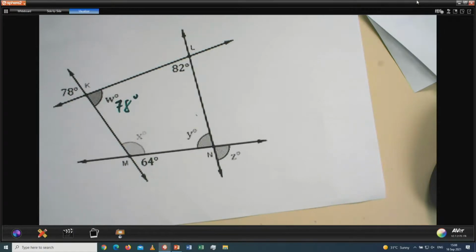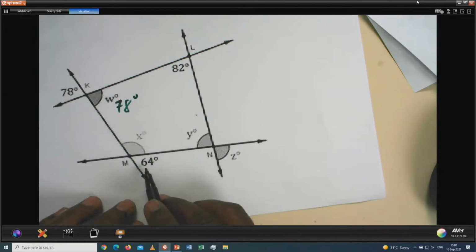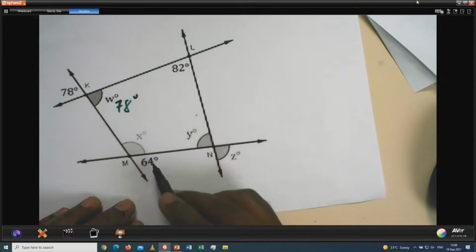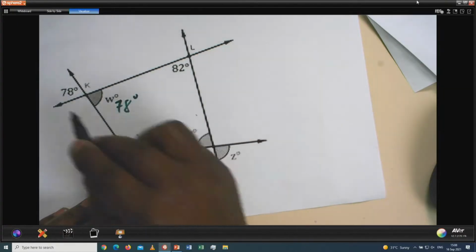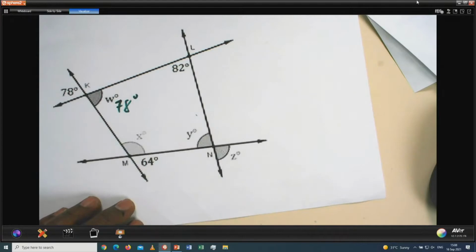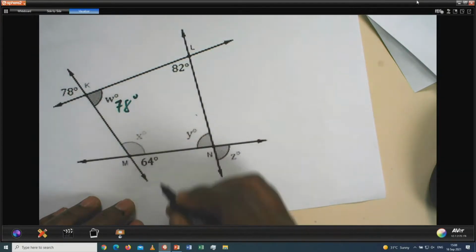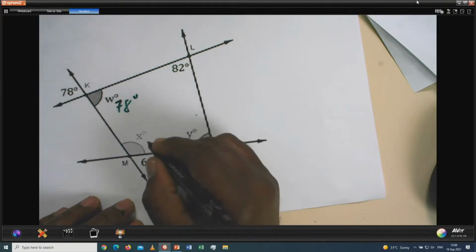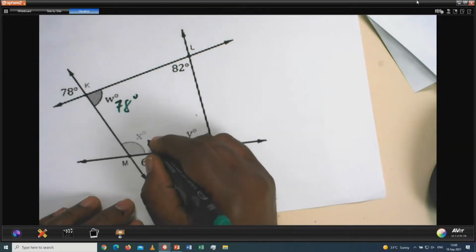Then this one is 64. What is the relationship of x to a straight line? What is the sum of angles on a straight line? 180. Therefore, this will be 116 degrees.